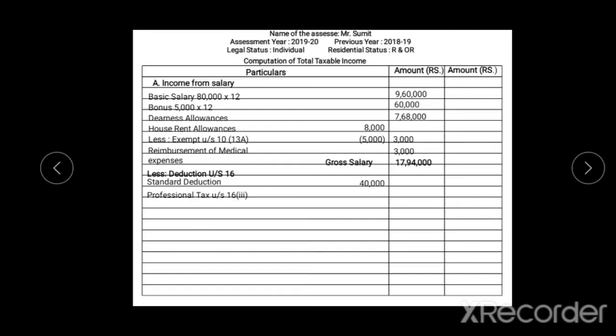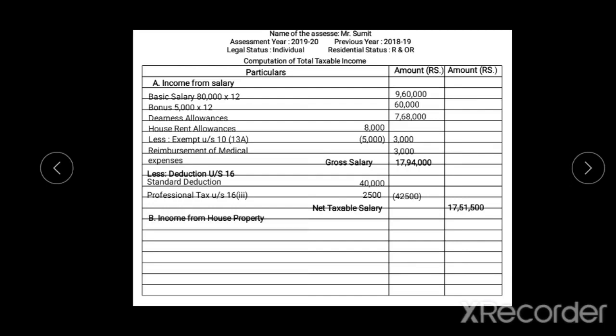The second will be professional tax. It comes under deduction under section 16 subsection 3, and the amount is 2,500. This is also given in the sum. So total deduction will be 42,500. This we have to reduce from the gross salary, and we will get the net taxable salary. And the net taxable salary will be 17,51,500. Clear? Let's move further.